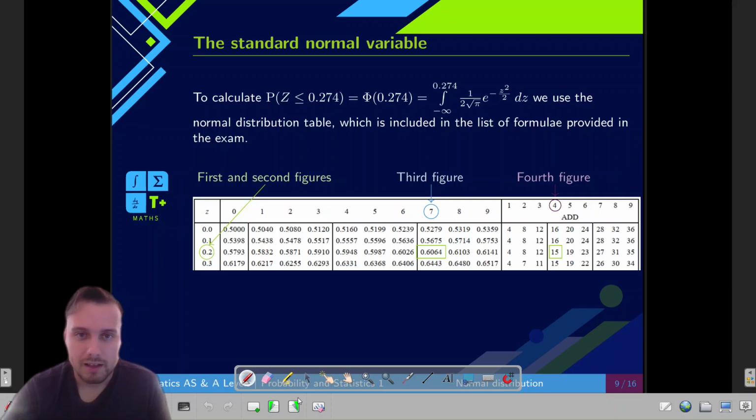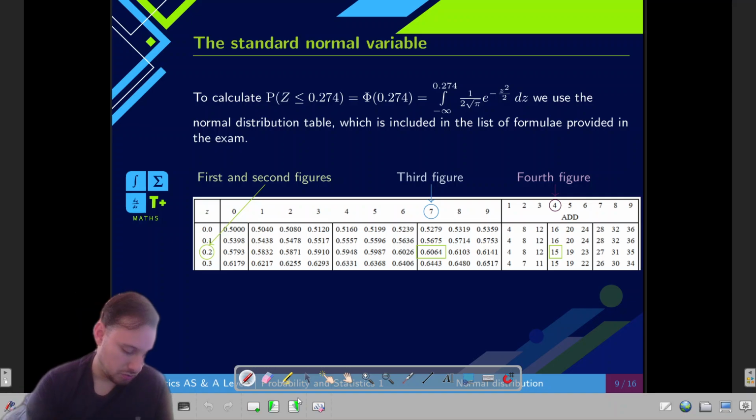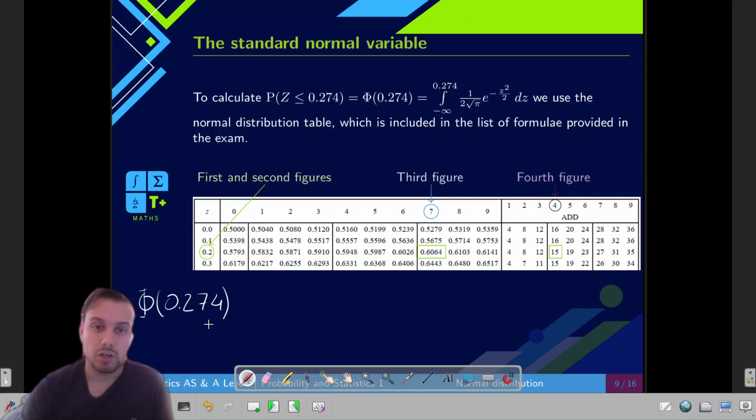So for example, I'm going to calculate the value for phi of 0.274. That's what I want to find. So how do I find that? Well, first, I'm going to take a look at my first and second figures, 0.2.